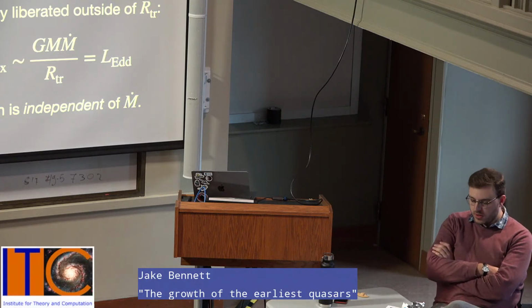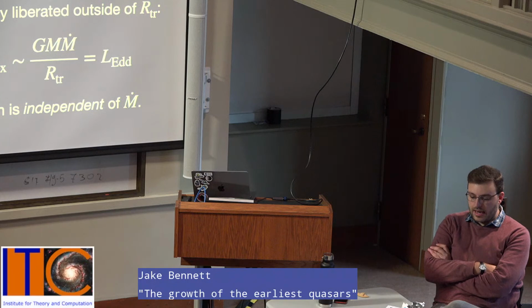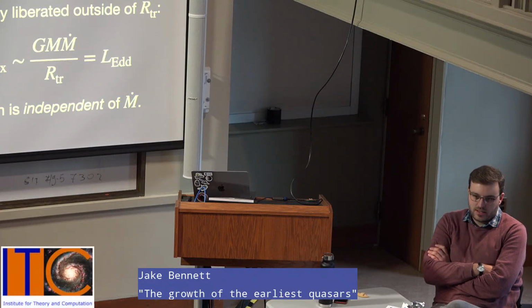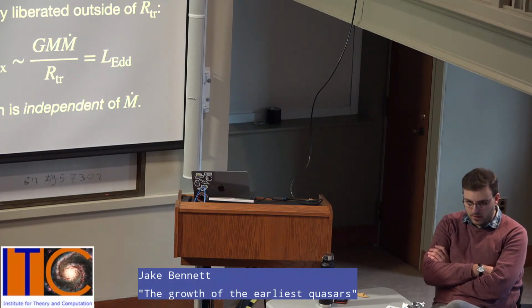I think it's worth noting that it is incredibly hard in simulations to grow a quasar or a 10 to the 9 or even larger black hole in a simulation that isn't in a very large halo at high redshift. This is a very difficult thing to do, primarily because of the amount of material that you're dumping onto the galaxy.